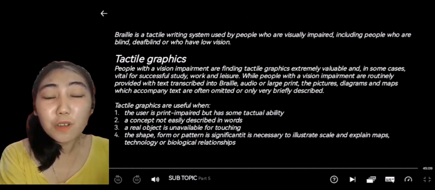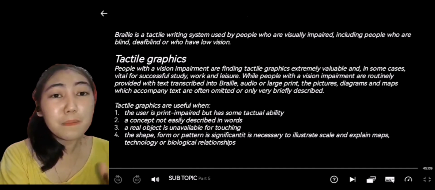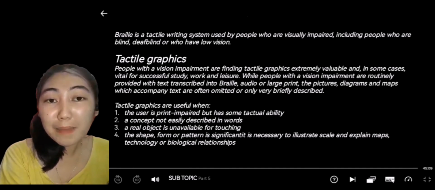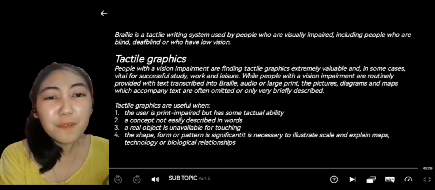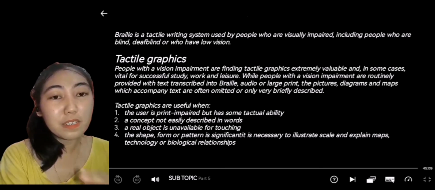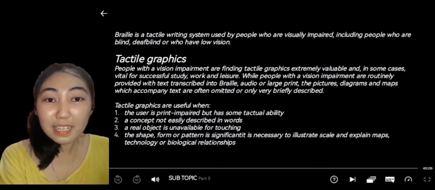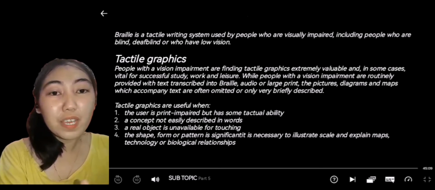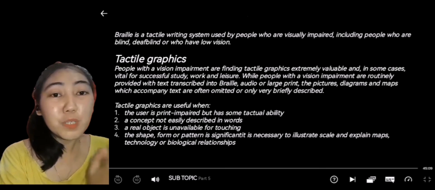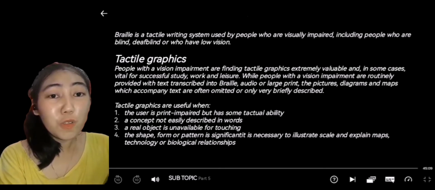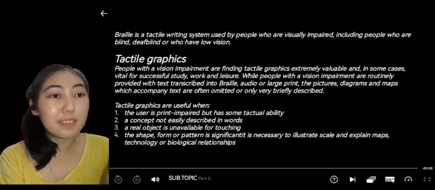In conclusion, there are times that words will never be enough to describe a certain thing, just like diagrams and maps. They need to be touched or felt in order for a visually impaired child to know what it really looks like.